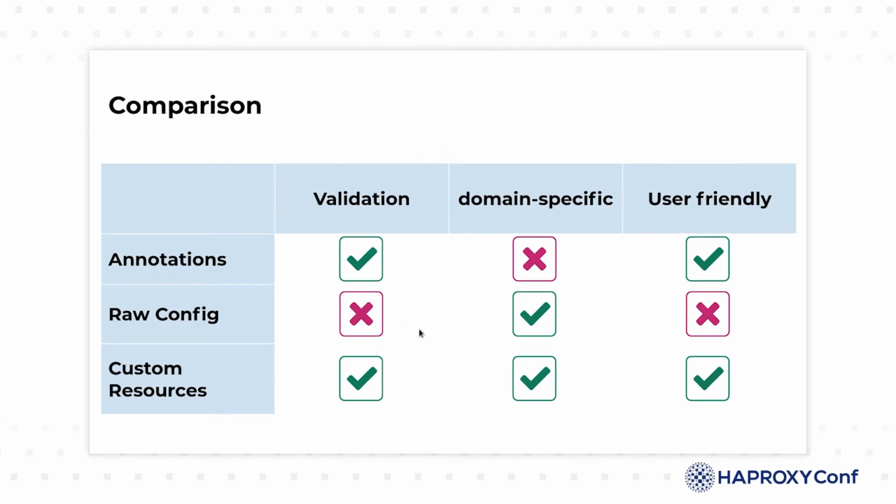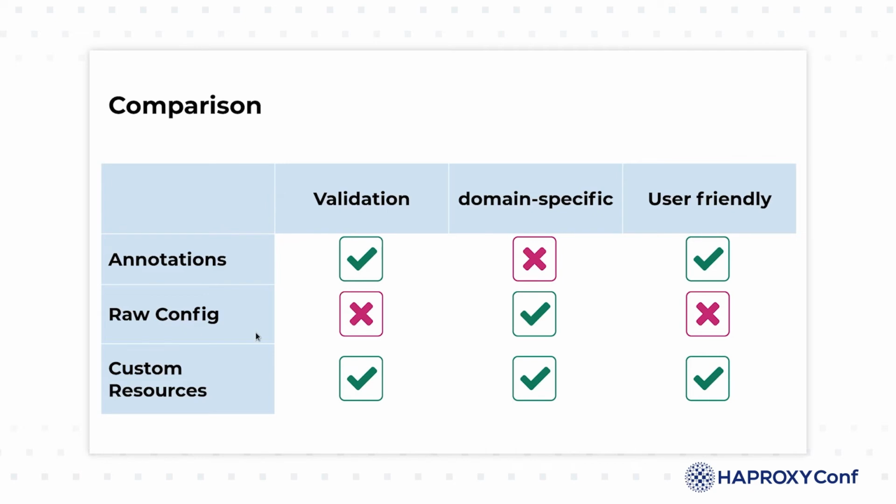which is the case for raw config type, because we can put exactly the HAProxy configuration we want, but it's not user friendly, which means you will need to think at the HAProxy level to configure your routes. So you will need to provide HAProxy directives, and also there is no validation.